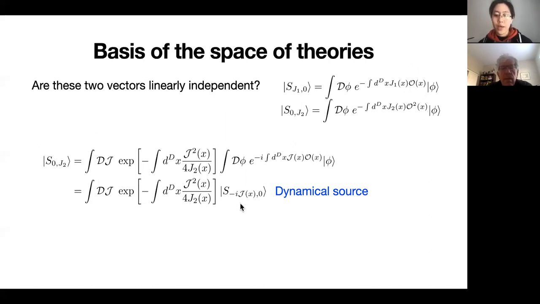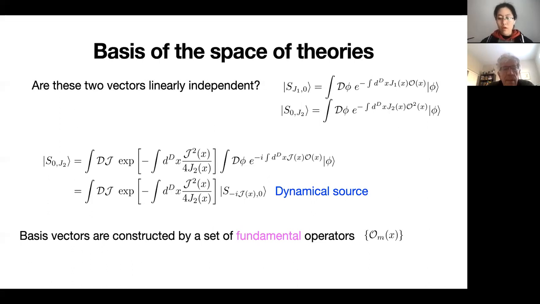The price I pay is to sacrifice the static source for a dynamical source, which fluctuates according to this distribution. From this example, we know the basis vectors can be constructed by the fundamental operators.